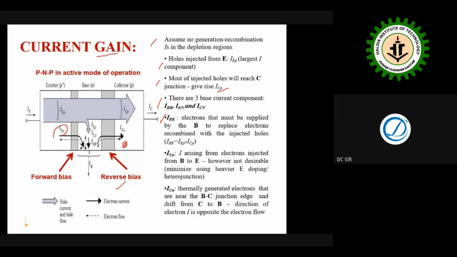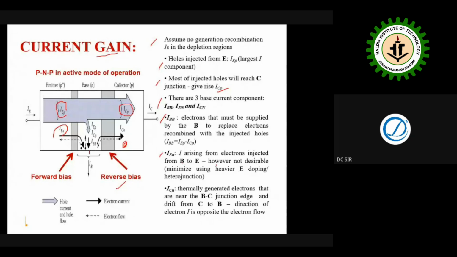IBB: electrons must be supplied by the base to replace electrons recombined with the injected holes. So IBB is nothing but IEP minus ICP. And IEN is the current arising from electrons injected from base to emitter.